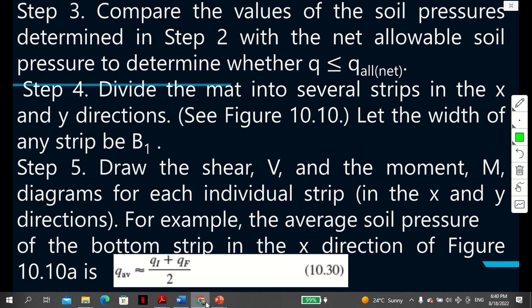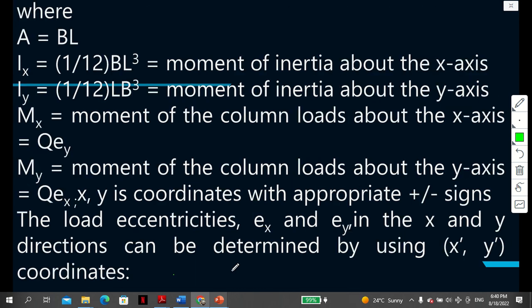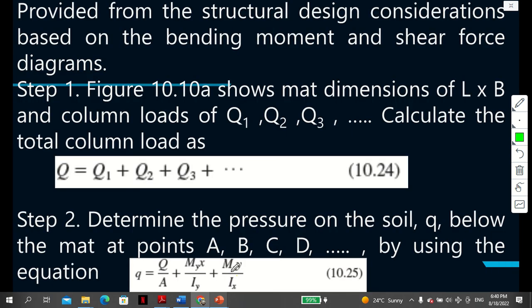Once you know this formula, you're fine, except you need to know how to determine y bar and x bar, and you need to know that Ex is x bar minus L over 2, and Ey is y bar minus L over 2. That's it. These values are the eccentricity.